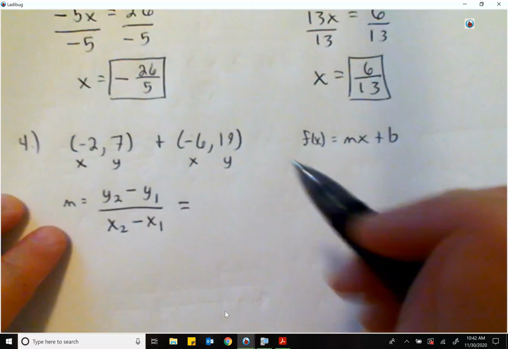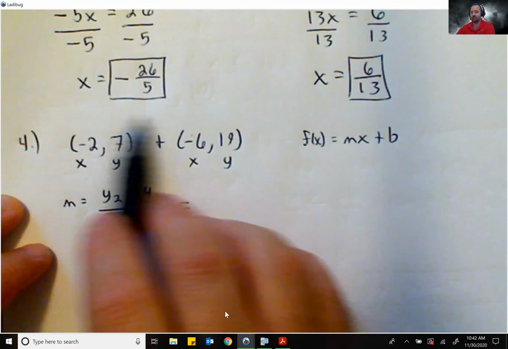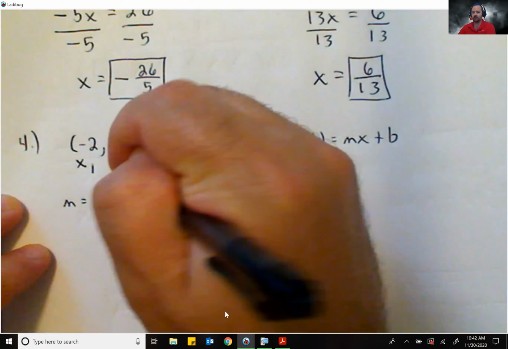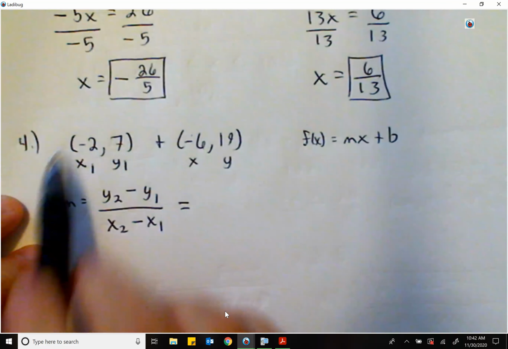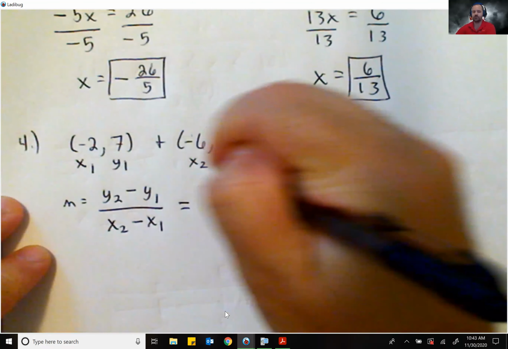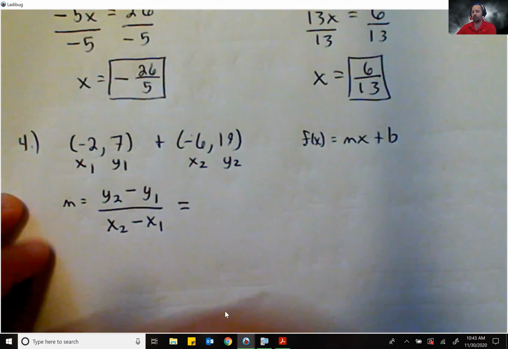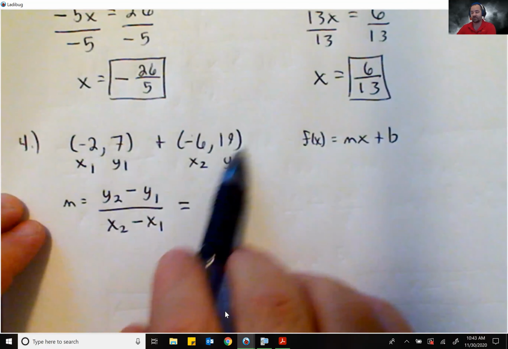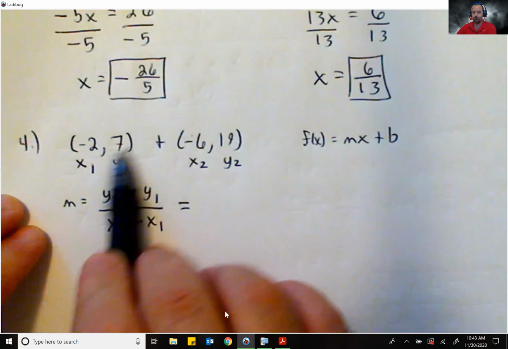It doesn't really matter which one is which, but since this is my first point, I would call these the 1s, 1 standing for first point. Then these would be my 2s. But it really didn't matter which point was which. This could have been x1, y1. This could have been x2, y2.